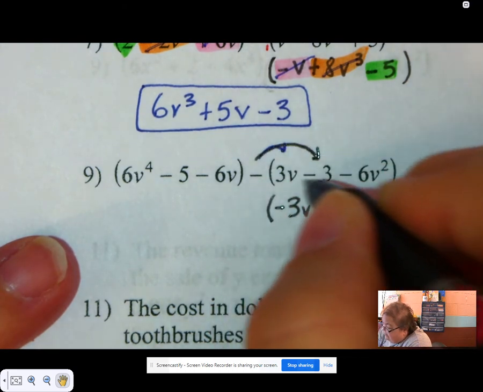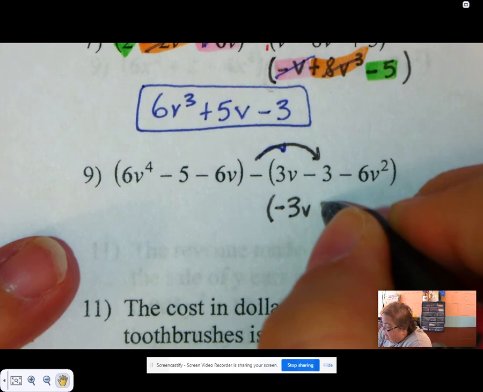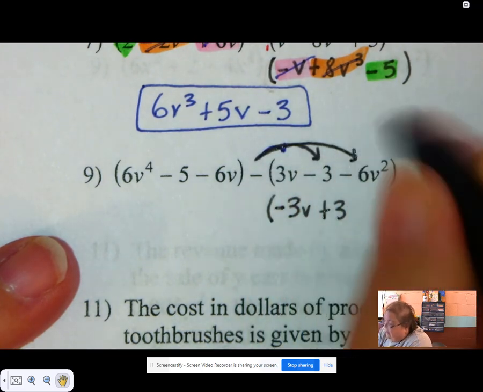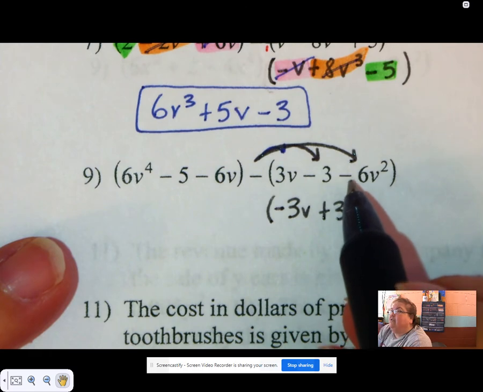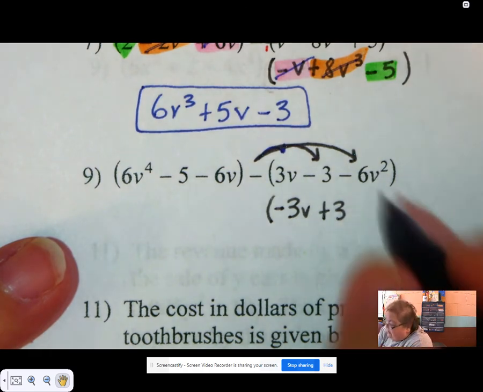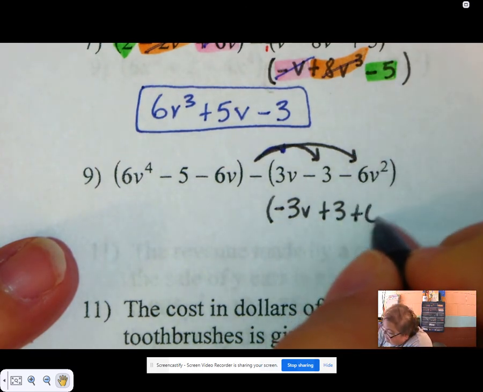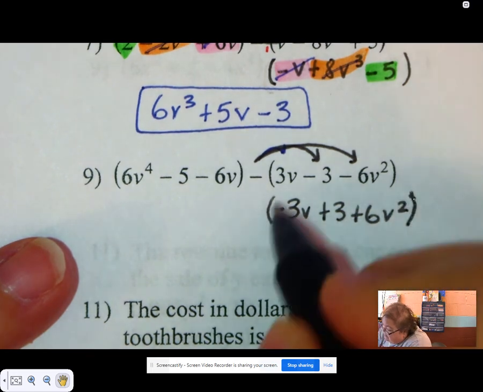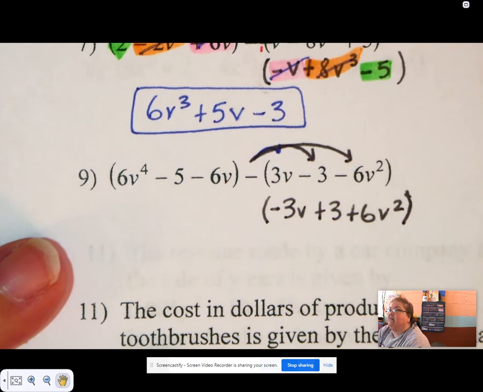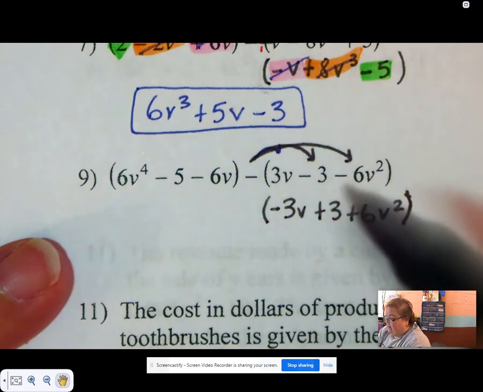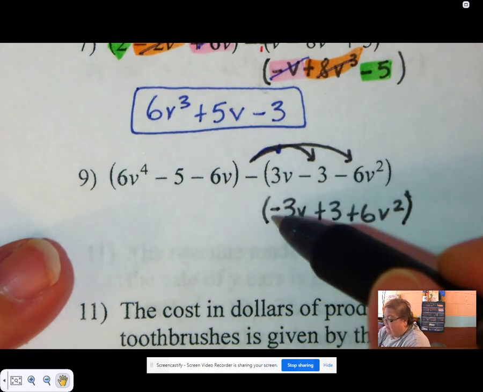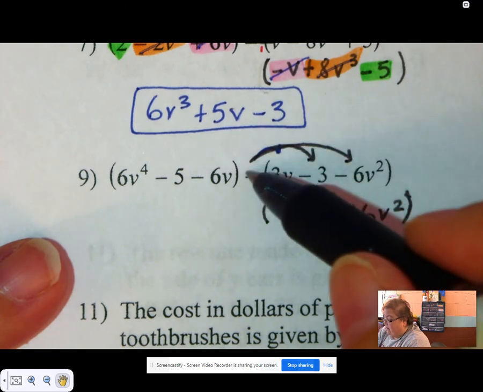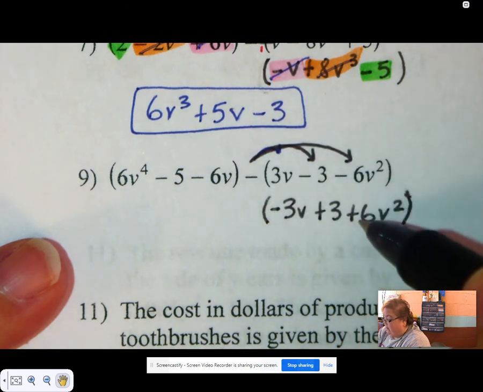My next term, instead of negative 3, it's going to be positive 3, and my last term, instead of negative 6v squared, it is positive 6v squared. Because what that negative does is it changes my signs, doesn't it? Negative times a positive makes a negative. A negative times a negative makes a positive.